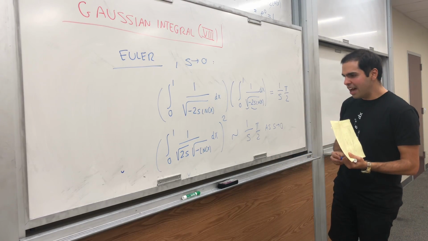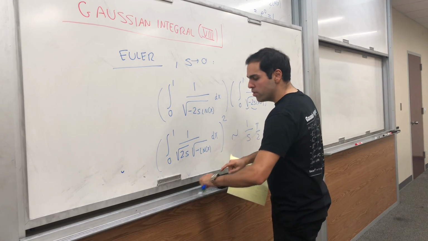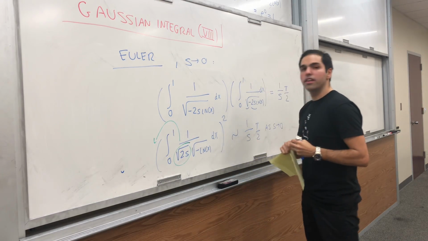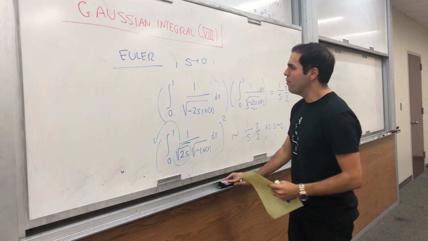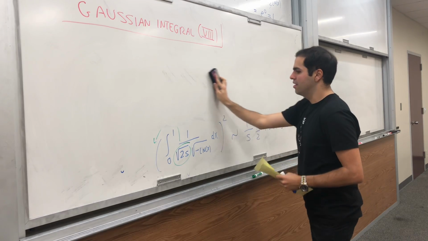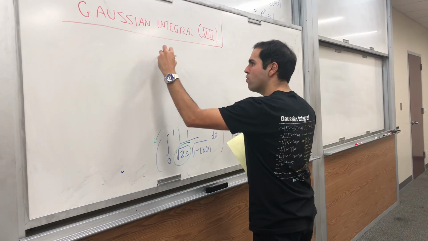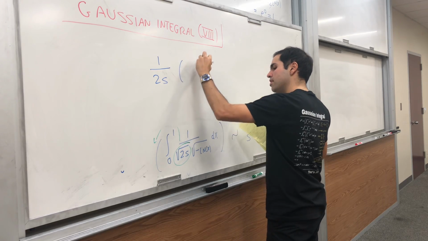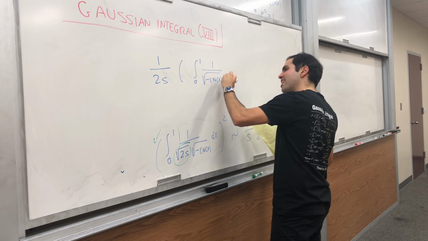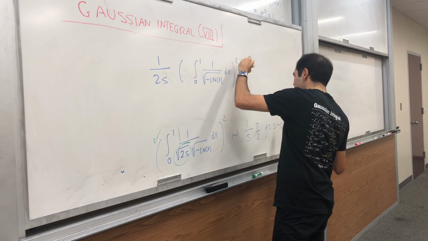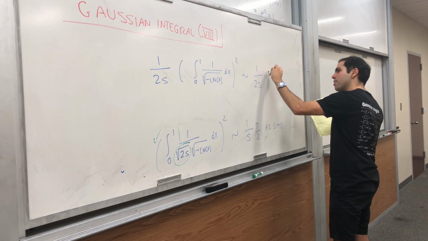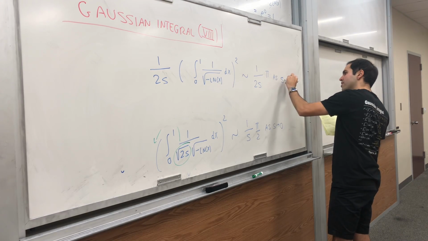And again, here comes a nice thing. This square root of 2s does not depend on x, so you can actually just pull it outside of the integral. So we then get 1 over 2s times the integral from 0 to 1 of 1 over the square root of minus ln of x dx, squared, is equivalent to 1 over 2s times pi as s goes to 0.